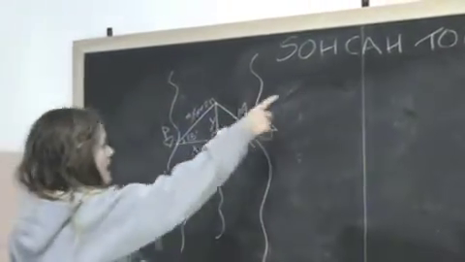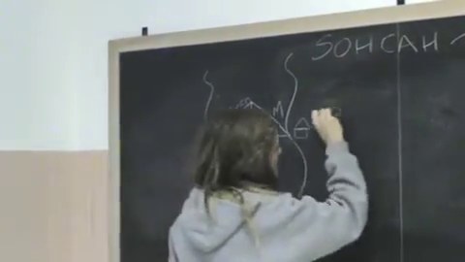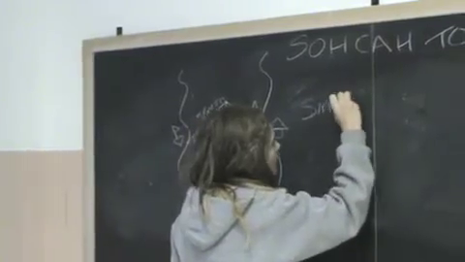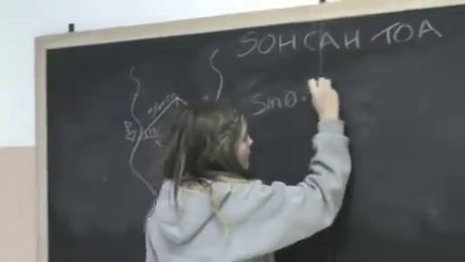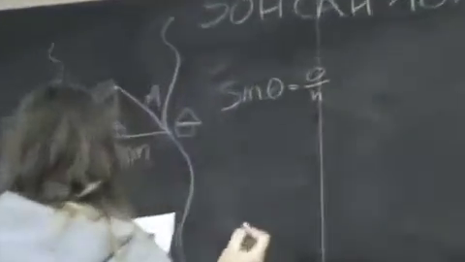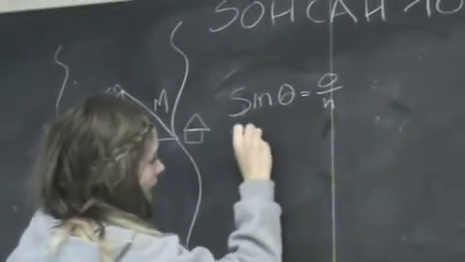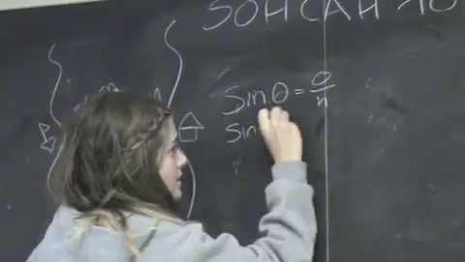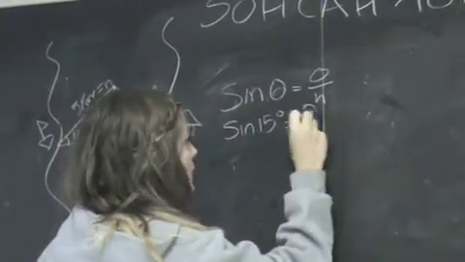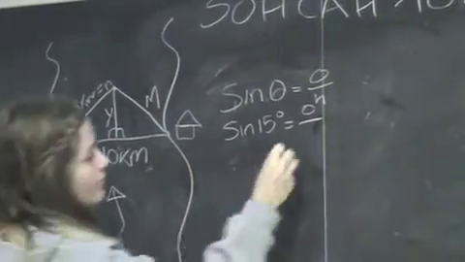So we'll start with sine, and the equation is sine theta equals O over H. And then you can substitute in your values. So you go sine 15 degrees equals O over 5.